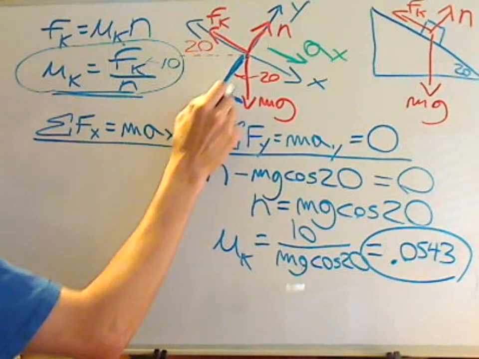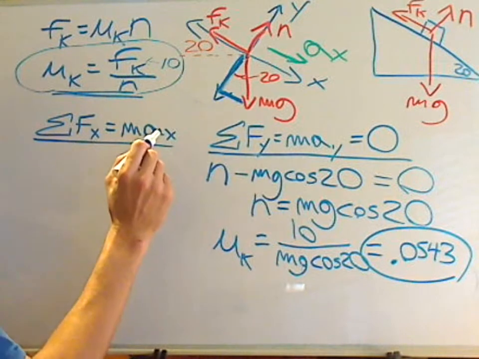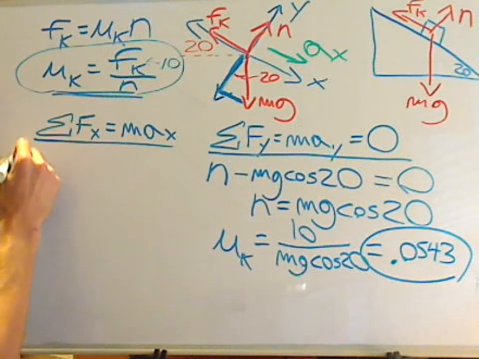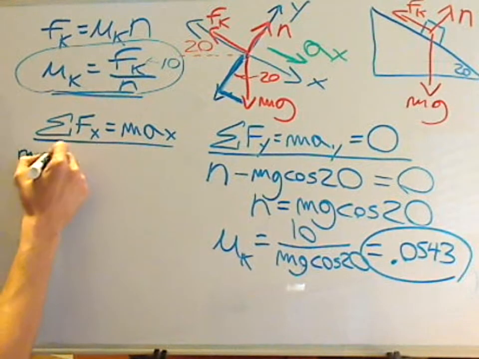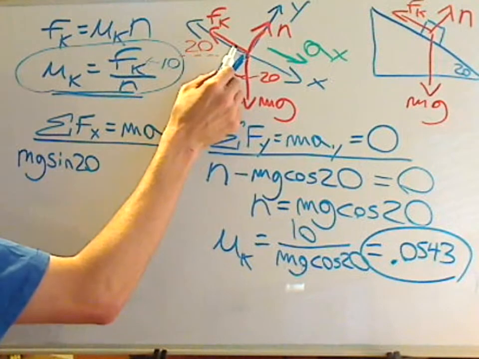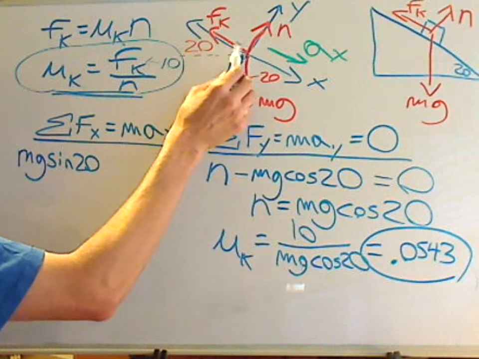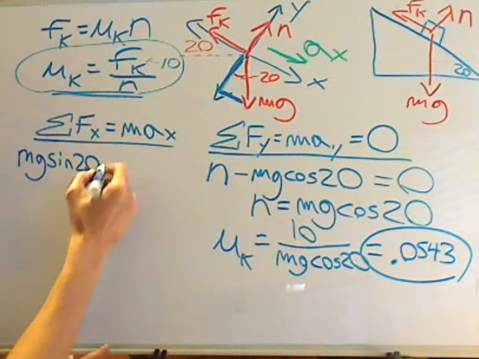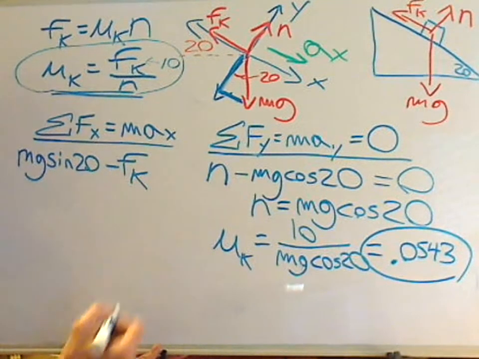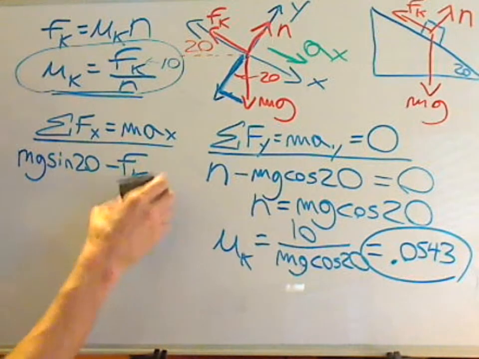It's opposite the 20-degree angle, so that's mg sine of 20. The x component of kinetic friction is in the negative x direction, so it's minus that, which, remember, we're given in the problem, is 10 newtons.